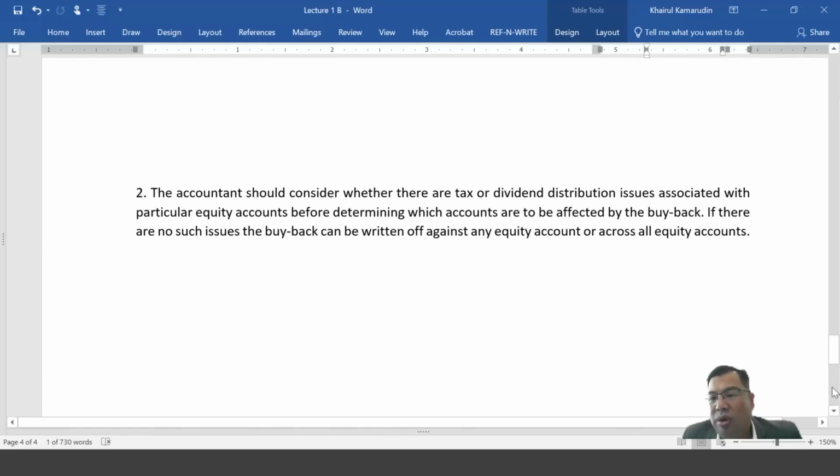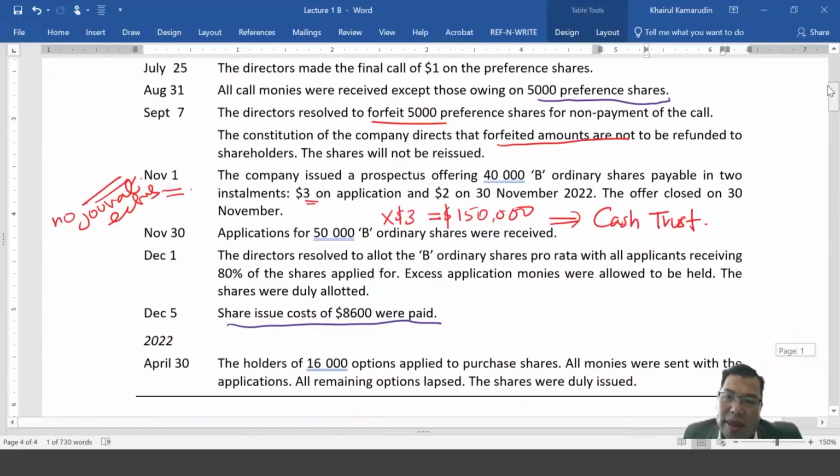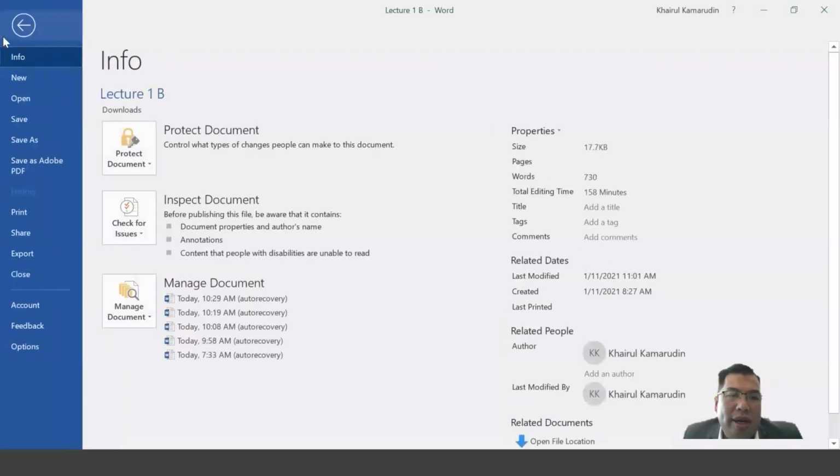This is an issue about tax, because sometimes when you issue a dividend, you need to pay a certain amount of tax to the government. For example, if you pay a dividend of 30,000, part of the dividend will be paid to the tax authority.